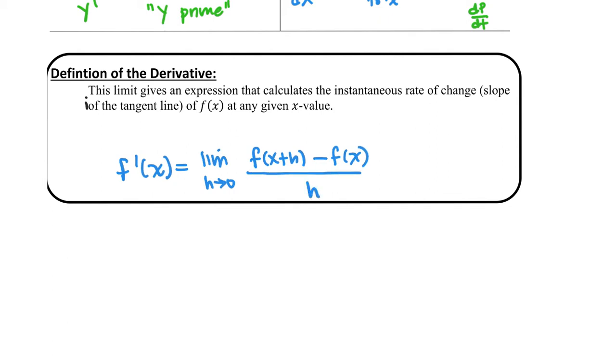This is the formal definition of derivative, and this is how we did it last section. We just called it slope, or we called it instantaneous rate of change. But as h approaches 0, you're trying to find the rate of change exactly at x, which is really f of x plus h minus f of x, but h is super close to 0, and you're dividing it by h, with the 2 points super, super close together, which is why h is approaching 0.